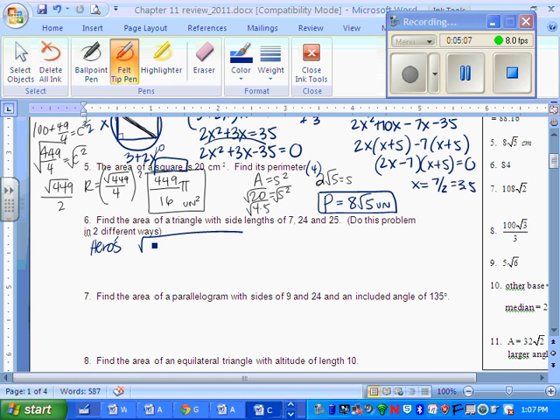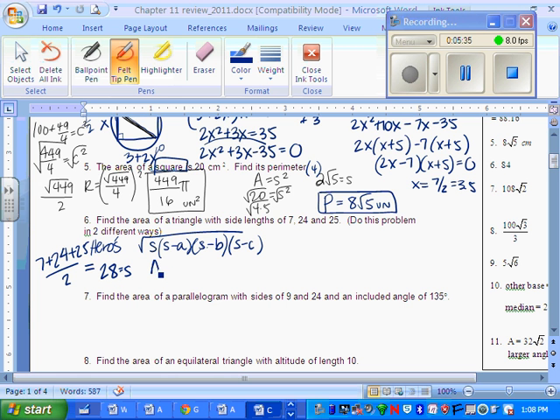Remember the Heron's formula is the square root of s times (s minus the first side) times (s minus the second) times (s minus the third side). So to get the semi-perimeter, I'm going to add 7 plus 24 plus 25 divided by 2. So if I add all that divided by 2, I end up getting semi-perimeter is 28. Remember this is my s.